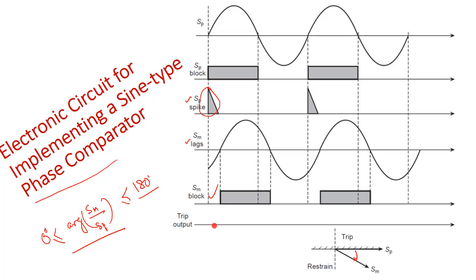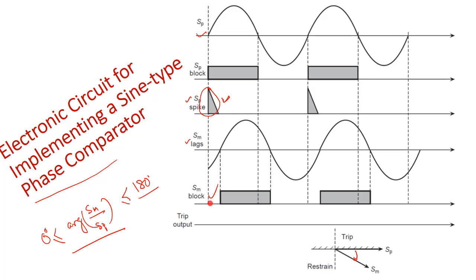So if there is some overlapping between the Sp spike block and the Sm block, then it will give a pulse. Whenever the Sm is leading the Sp block, it is overlapping with the Sp spike. The Sp spike is overlapped only when your Sm is leading the Sp signal.